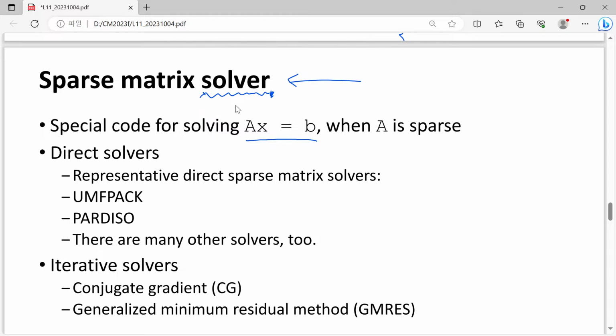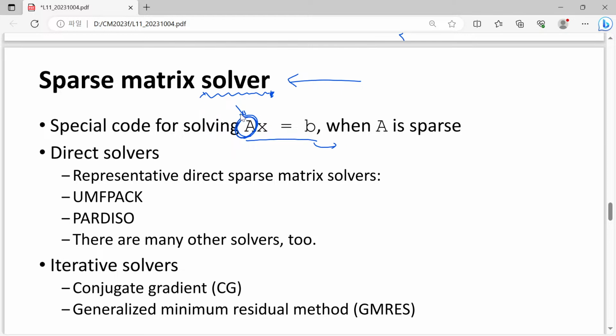So although there exists a very memory efficient way to store this matrix A, if the time spent for calculating this one is not reduced, then it's not that attractive.